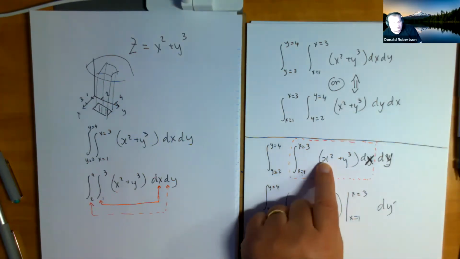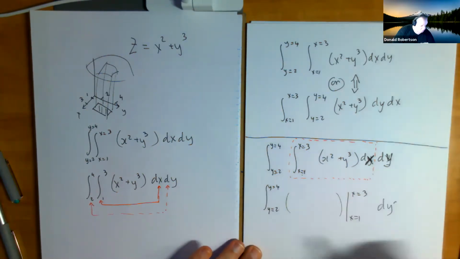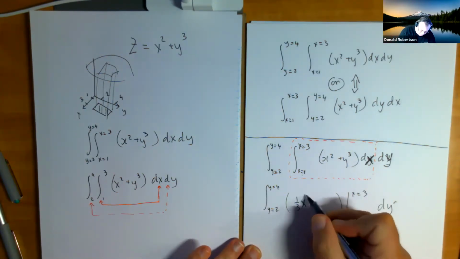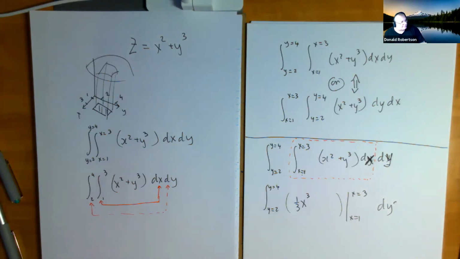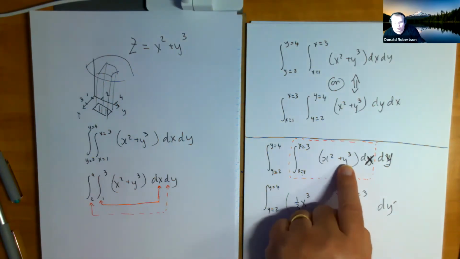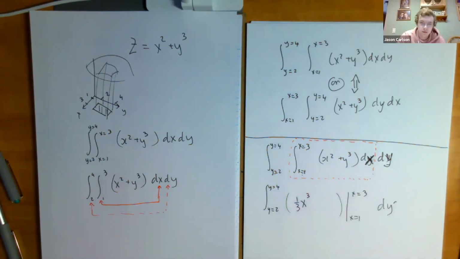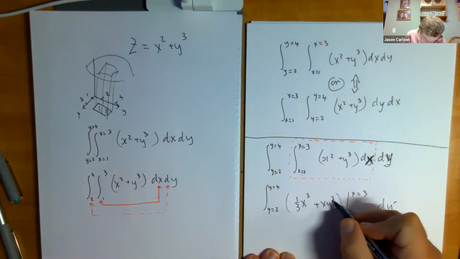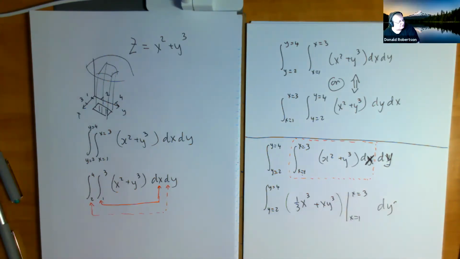Okay, let's do the easy one first. Would it surprise you to know that the power rule works quite well and you get 1/3 x cubed? Now the other part. What will the integral of y cubed be with respect to x? x y cubed. That makes sense. y cubed is a constant. 5 becomes 5x, y cubed becomes y cubed x.